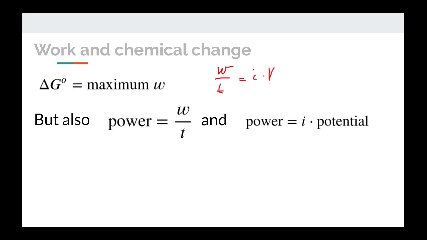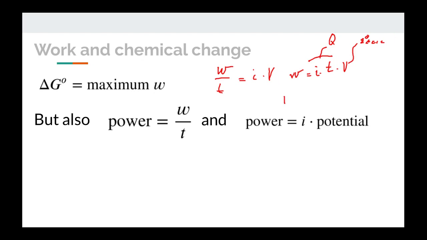And because I want to relate delta G to all this electrochemistry stuff, I'm going to multiply both sides by t to get an expression for work. So work is equal to I times t times the potential. But I times t, that's charge. And the potential in an electrochemical cell, that's just the standard cell potential if you're at standard conditions.